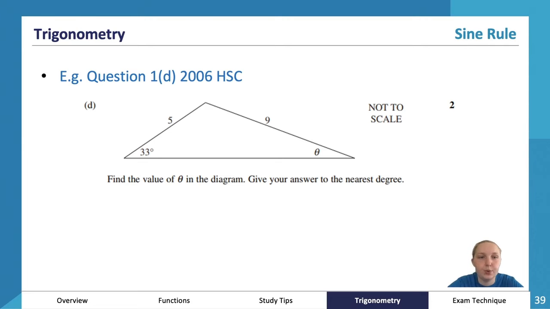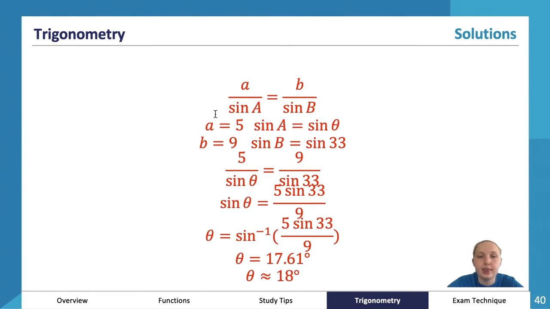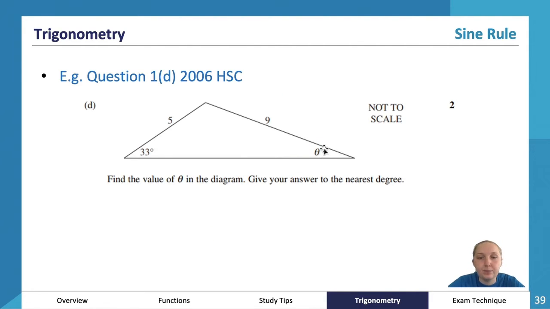Okay, so when we're thinking about the solution here, we need to use our ratio that the length of a over sine A is equal to the length of b over sine B. Let's look at our diagram again. This angle is going to be sine A, and then our corresponding direct opposite.